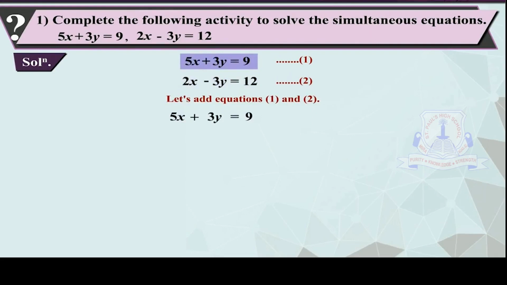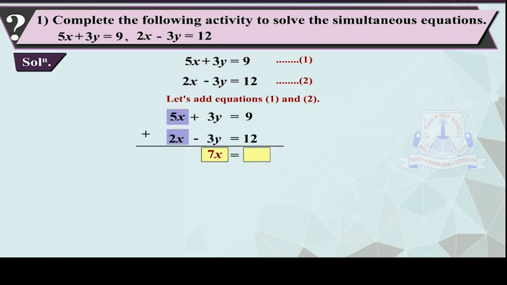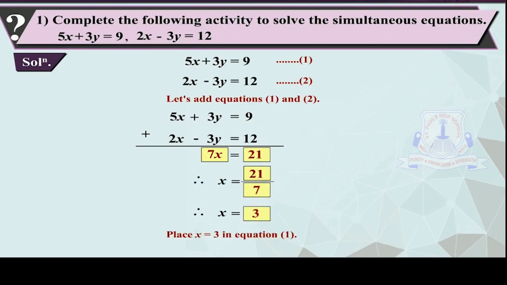Therefore, 7x equal to 21. Therefore, x equal to 21 upon 7. Therefore, x equal to 3.